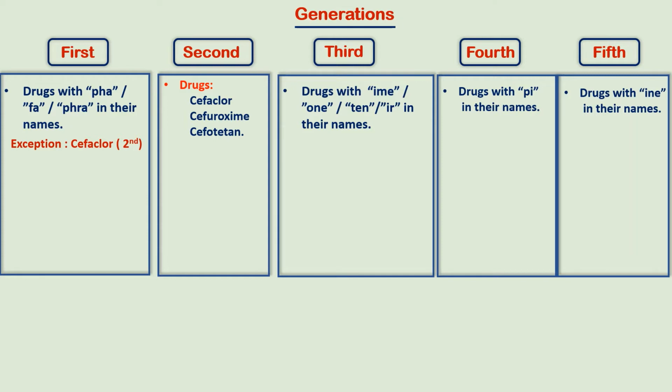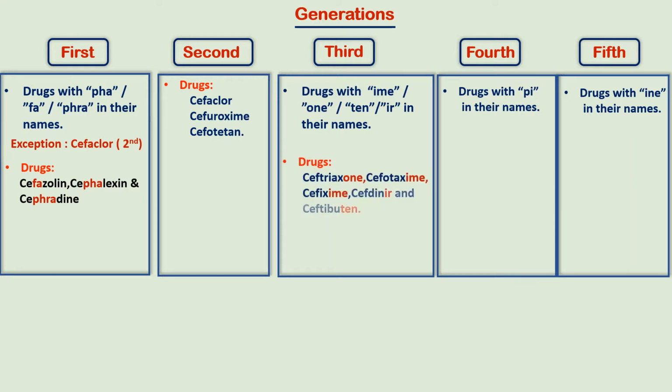Now coming to some examples. From the first generation, we have cefazolin, which is parenteral, cefalexin and cefradine. The second generation includes cefaclor, cefuroxime, cefotetan, which is parenteral, and cefprozil. From the third generation, the most important one is ceftriaxone.